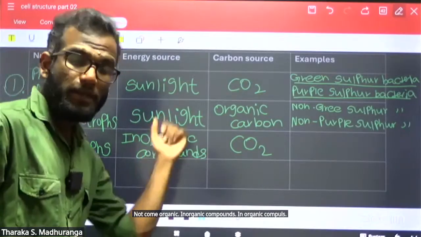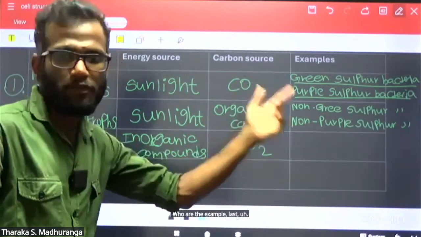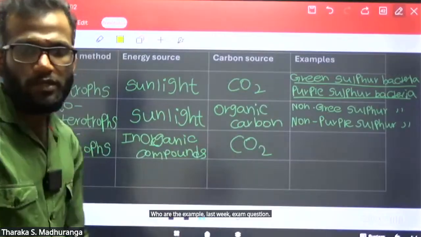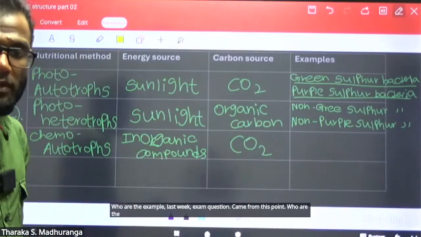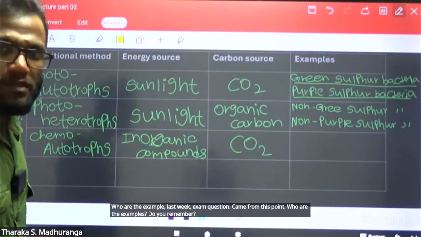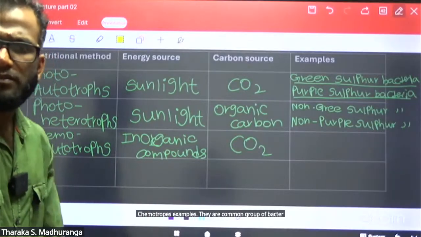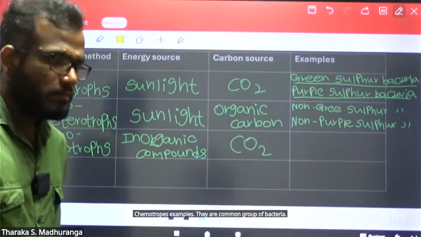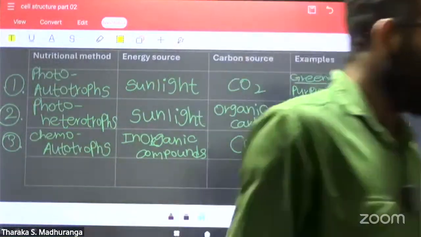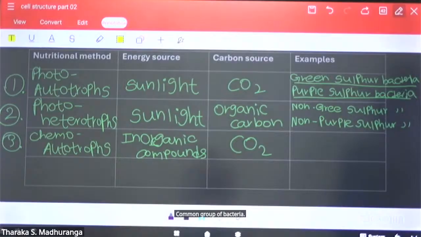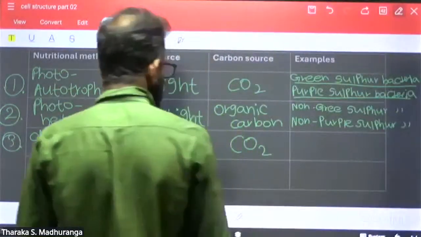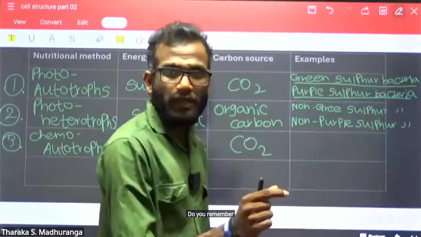Who are the examples? Last week's exam question came from this point. Chemoautotroph examples are a common group of bacteria. What's the name? Do you remember nitrification bacteria?